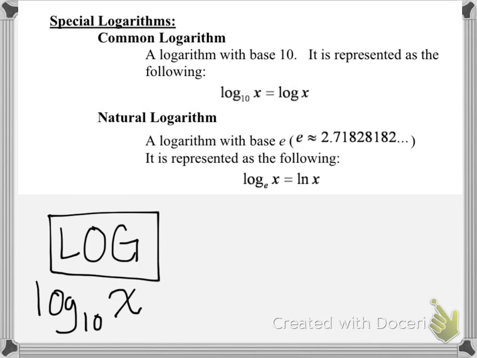The other one that's really common is called the natural logarithm. The natural logarithm has a base e other than 10. Again, because it's not very productive writing this all out over and over again, just like the log base 10 of x, it's kind of like putting a 1 in front of x. 1x is the same thing as x. So if it has a base e, they took a little bit of a shortcut and represent it as ln x.